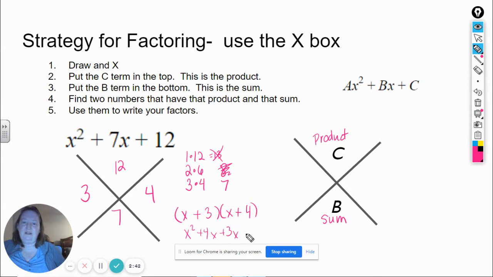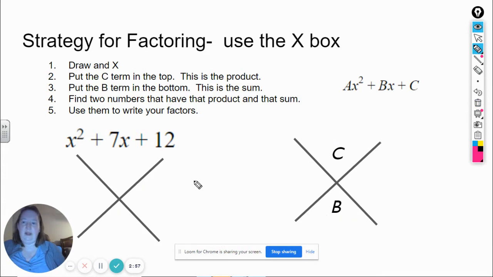Last times last, plus 12. And yes, that comes together to go right back to the problem that you originally started with. Okay, so you did it right, and this is your answer. These are your factors.